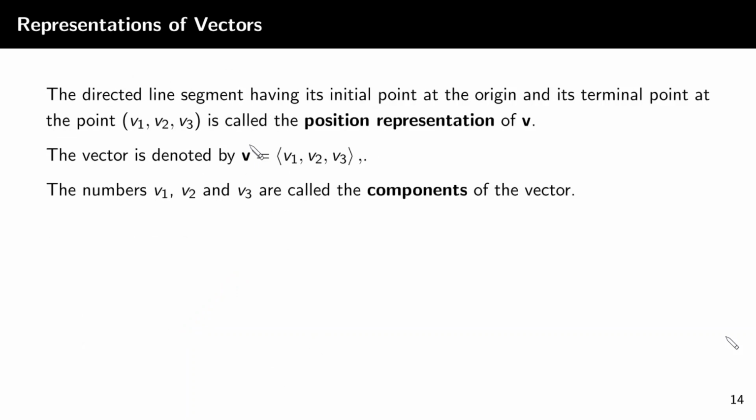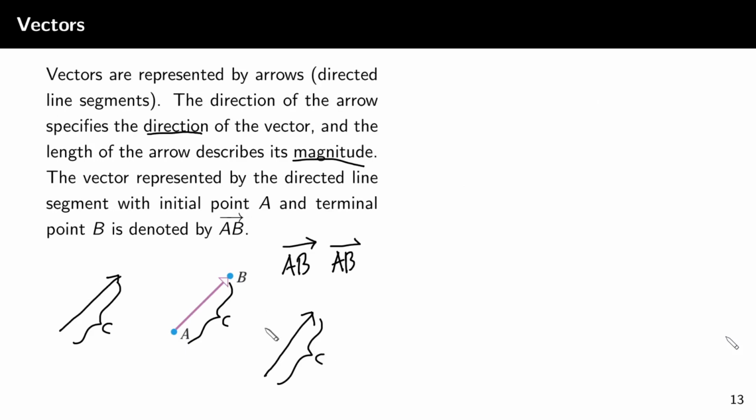So how do we represent vectors mathematically? In the previous slide, we have three vectors which are identical, but they are represented in different ways. They are identical because they have the same magnitude and direction.